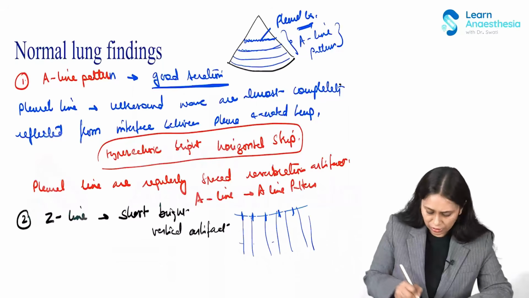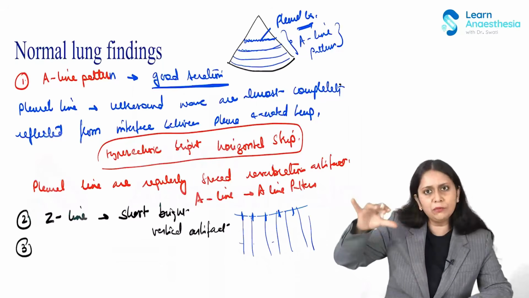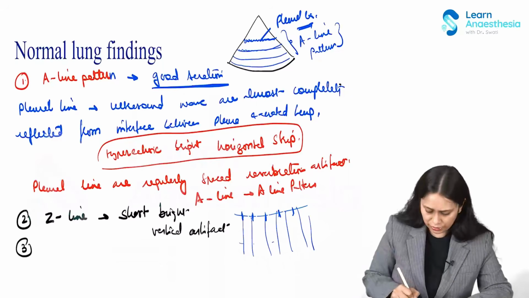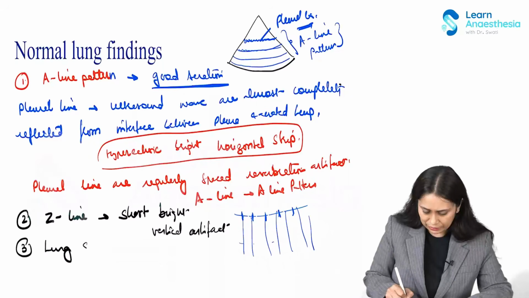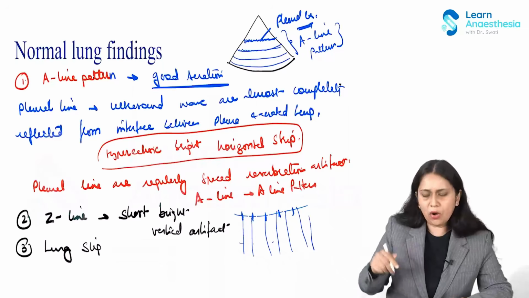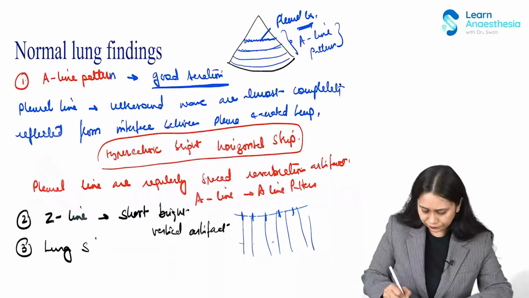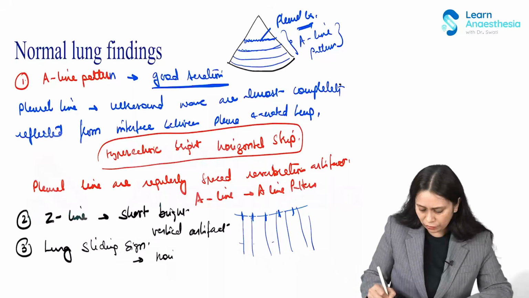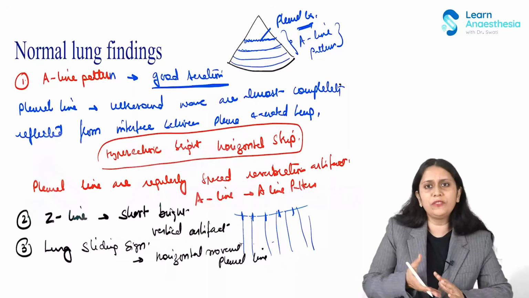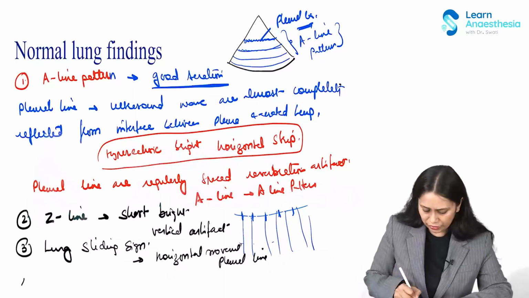Then there is something called lung sliding sign, which is the shimmering movement of the pleura with respiration. Lung sliding sign is the dynamic horizontal movement of the pleural line, and this represents the movement of the visceral and the parietal pleura with respiration.